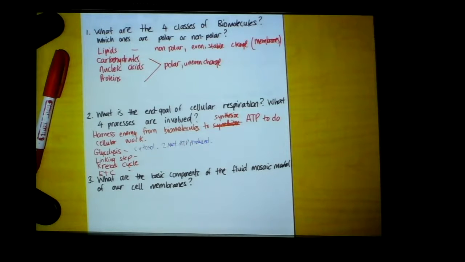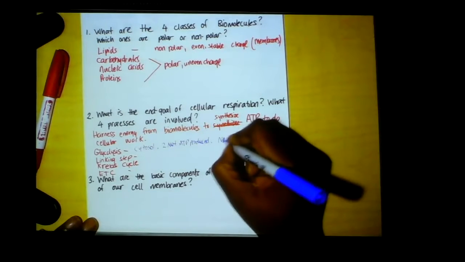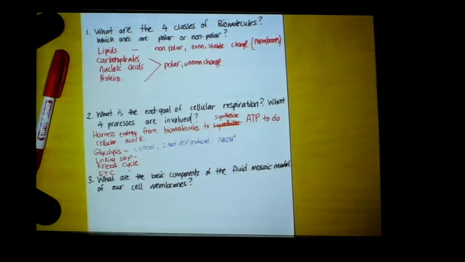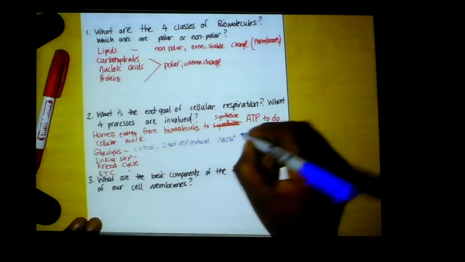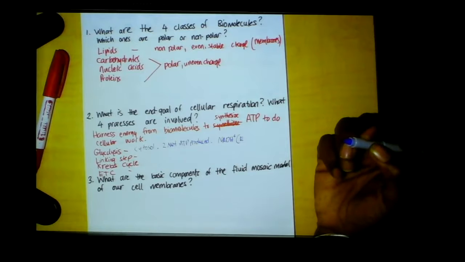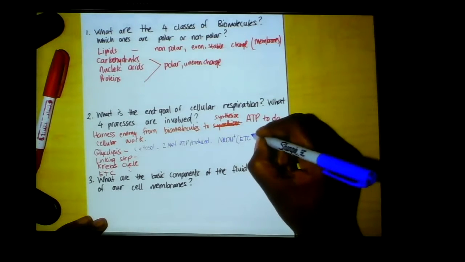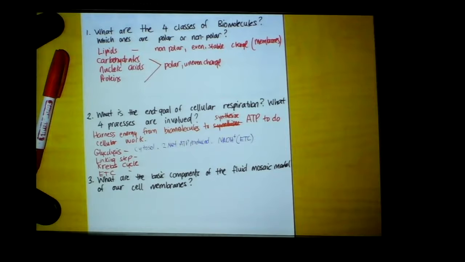We get some NADH, right? The reduced form, which means it's shuttling some electrons. All right, so we get some NADH, okay? And we know this is going to where? Where are these electrons being shuttled? To the electron transport chain, which happens in the mitochondria, right? So those are heading to the electron transport chain.